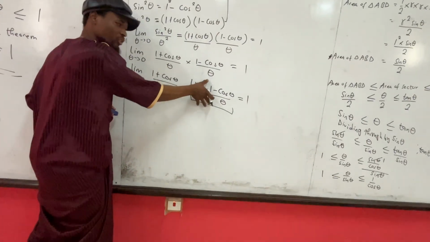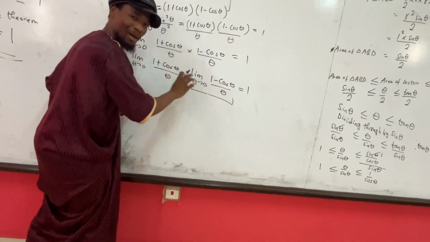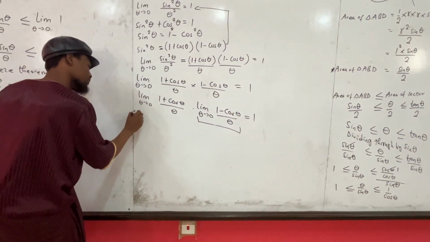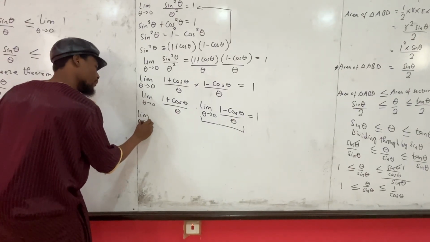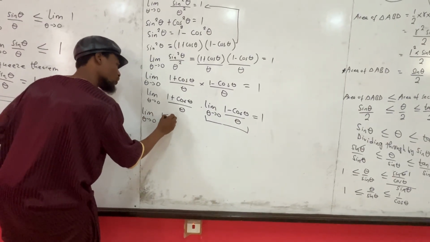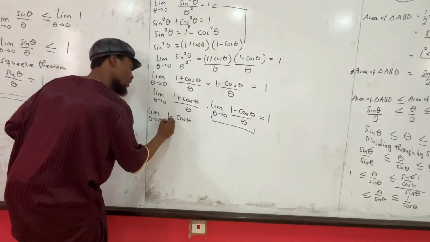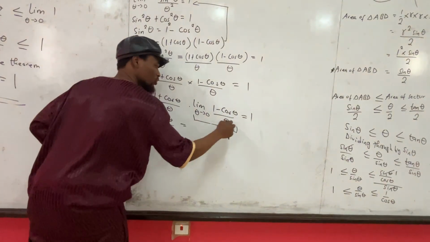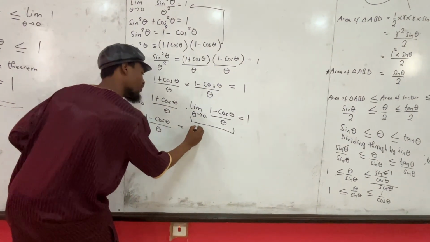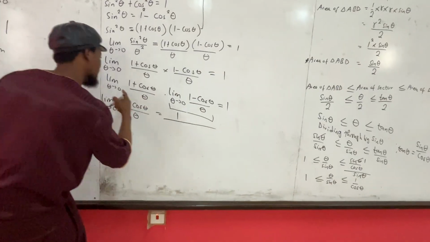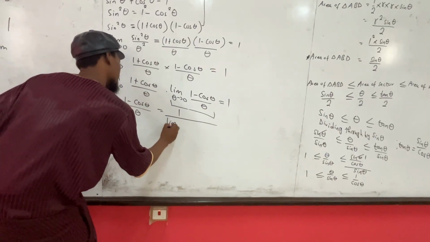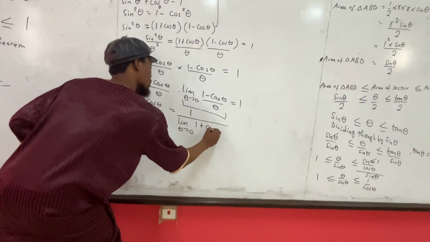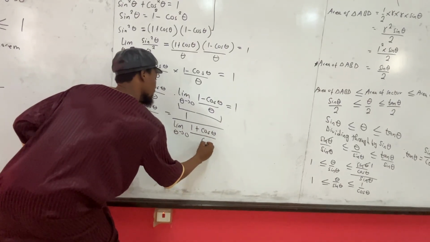Since you are looking for this, we will make it the subject. So making this the subject, we have the limit as theta approaches 0 of 1 minus cos theta over theta being equal to 1 over the limit as theta approaches 0 of 1 plus cos theta over theta.